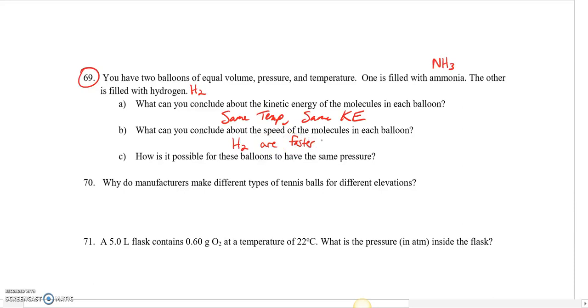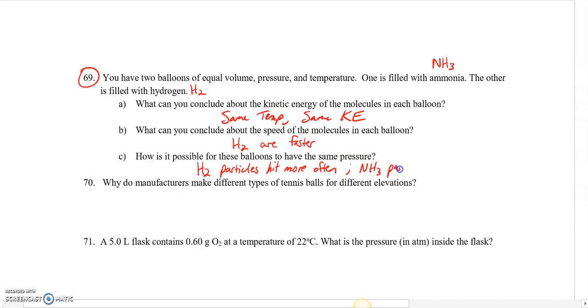Part C, how is it possible for these balloons to have the same pressure? So how could these balloons have the same pressure? Well, the H2 molecules, or particles, hit the container walls more often, since they're moving faster, but since they're lighter, those collisions are weaker.